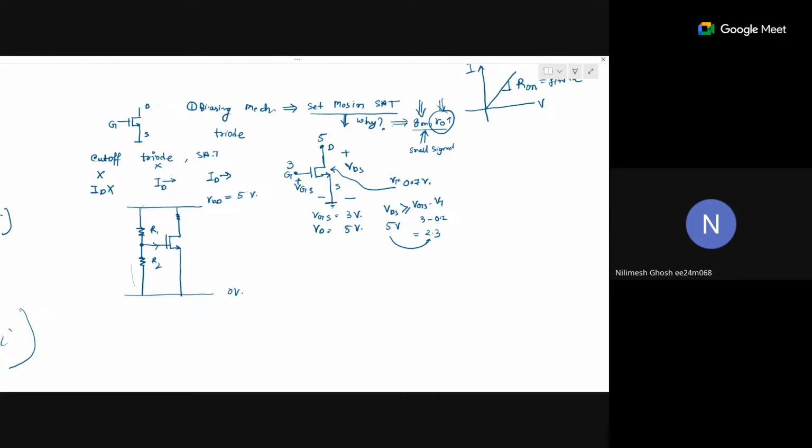We all know the MOSFET gate current is 0, right? Yes, sir. Because there is an oxide layer, which is an insulator layer. That oxide layer will not allow any charges to pass from the gate to the body.